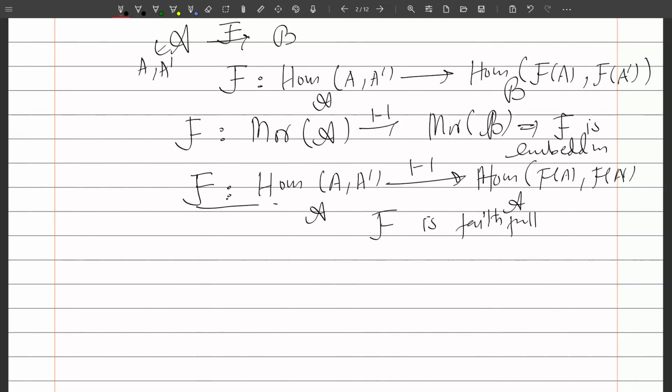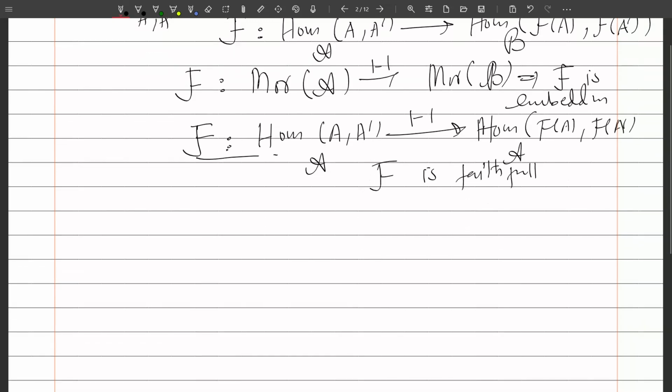Now let us give an example where we can see a faithful functor need not be an embedding.